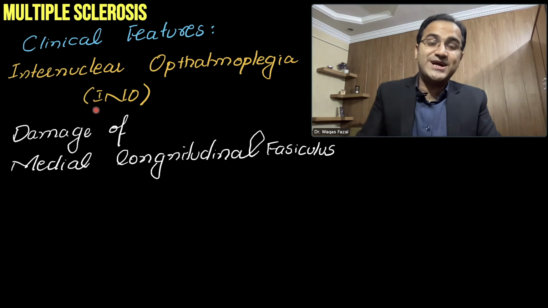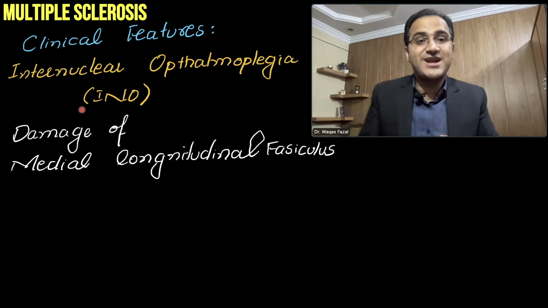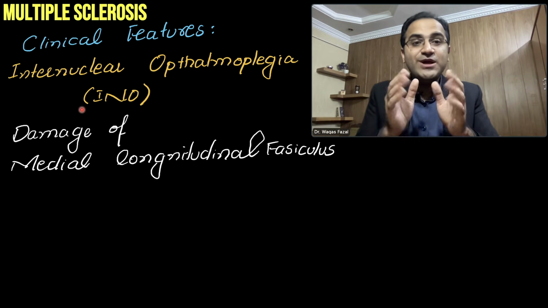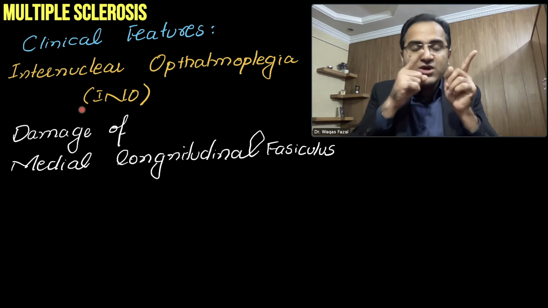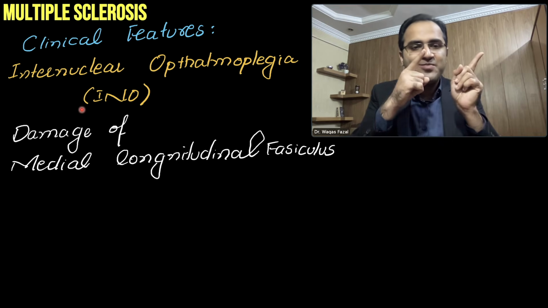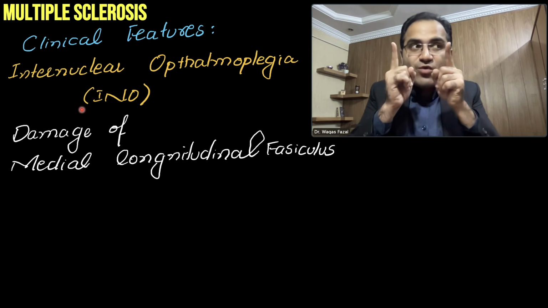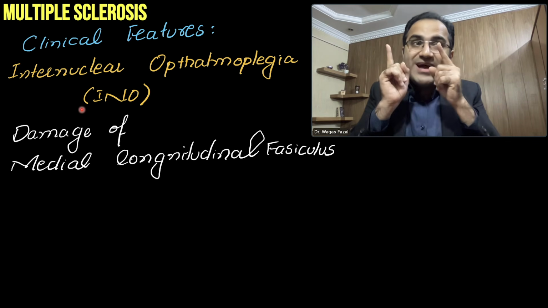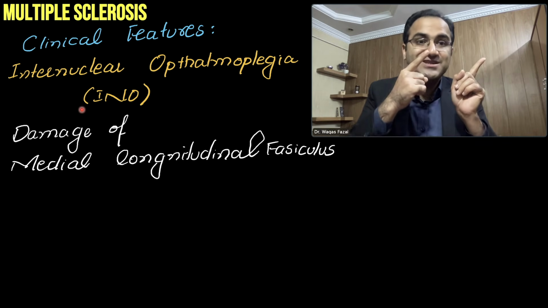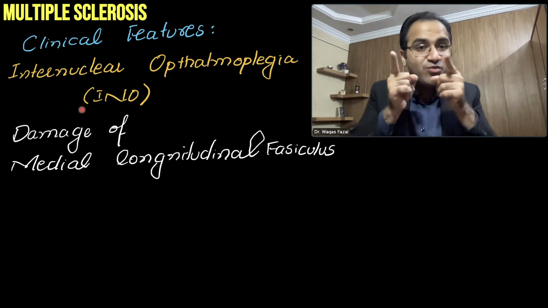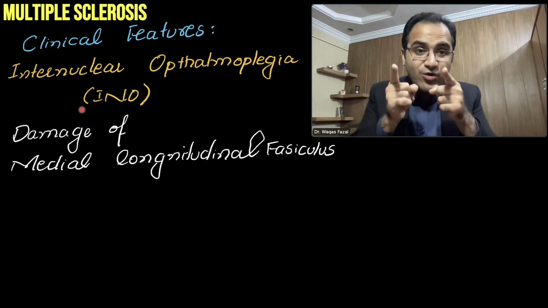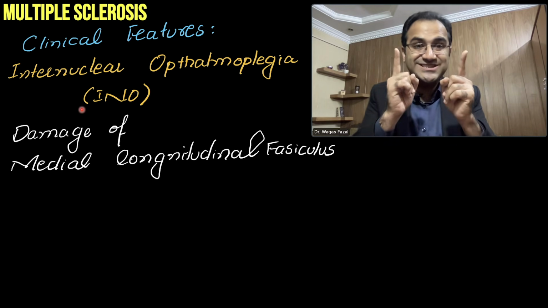Internuclear ophthalmoplegia is also another eye finding. Basically, normally when our eyes move, they always move together. When my right eye wants to look at the right side, my left eye will also move with it. That is called conjugate eye movement. Both eyes move together. How do they intercommunicate with each other?